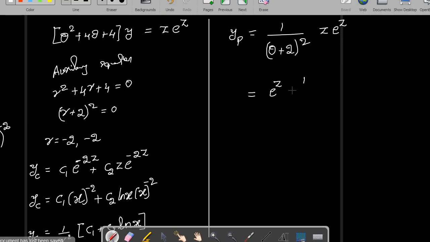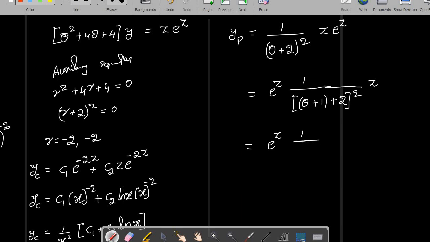Once you take e^z out, θ must be replaced with θ plus 1, and inside there is plus 2, so the whole square of this acting on z. This equals e^z times 1 over (θ plus 3) whole square acting on z.